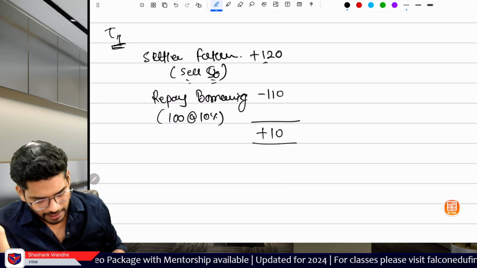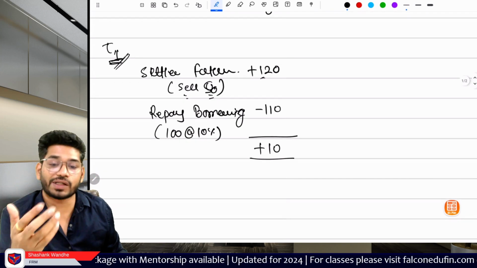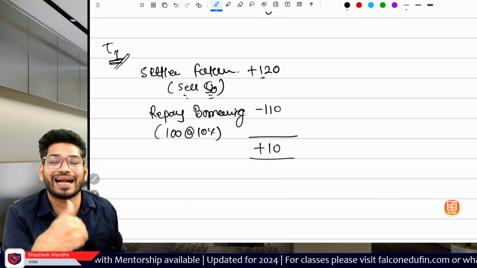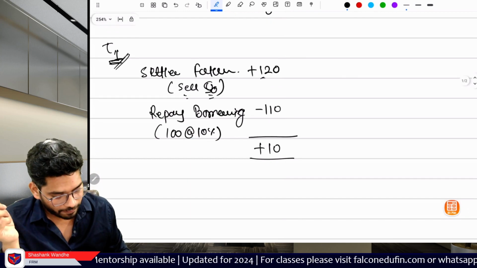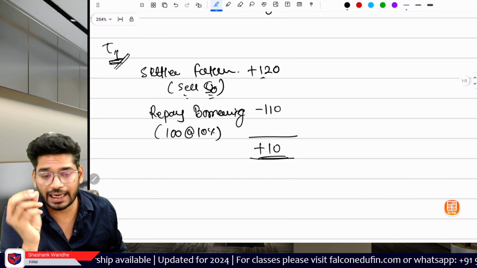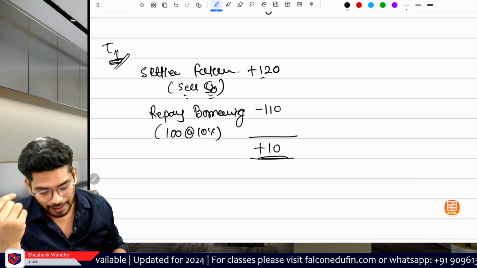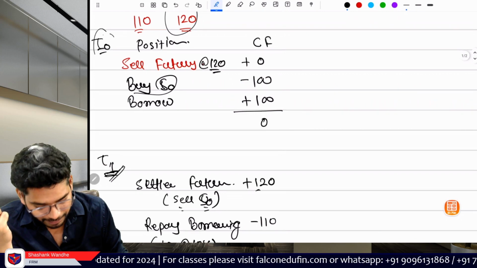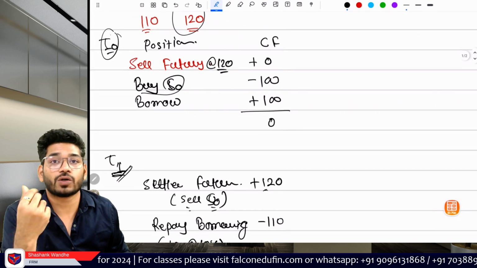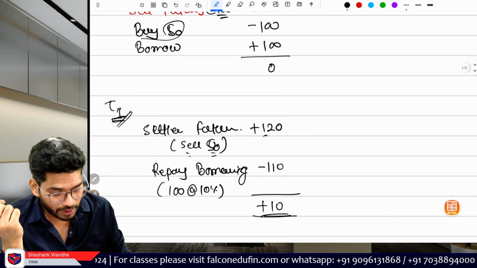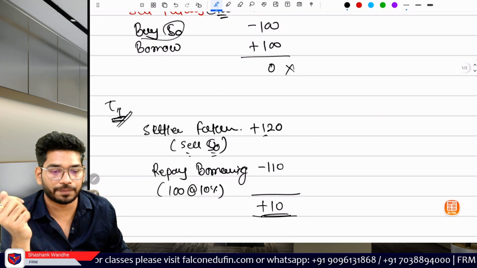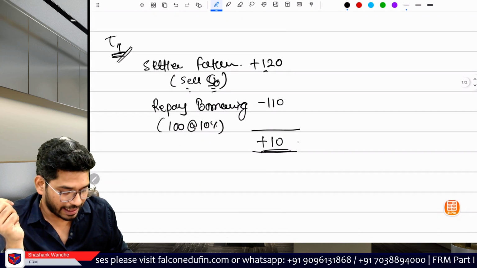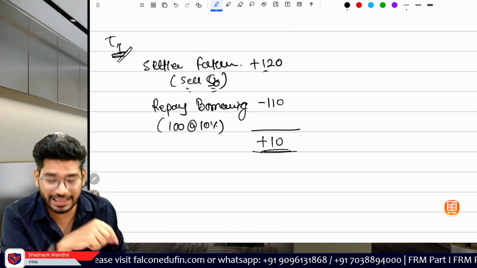Now there are two possibilities. First, if you get the question what will be the cash flow at time T1, then you have to say plus 10. And if you are asked what will be your gain at time T0, you don't say 0. This is your cash flow as well as gain.